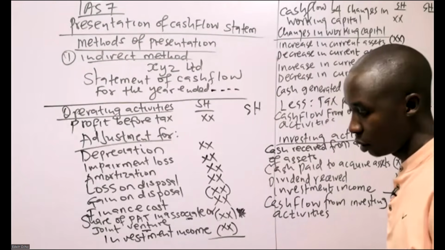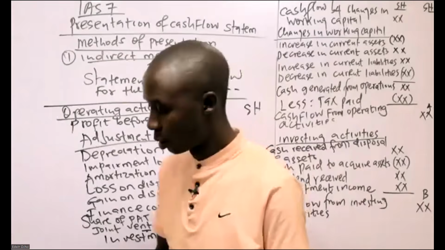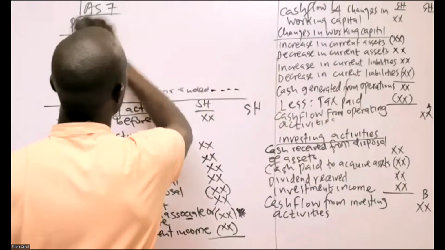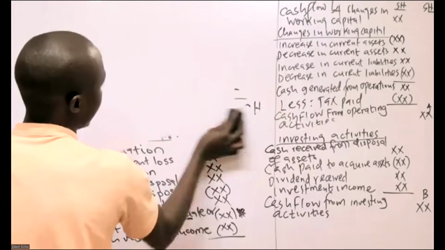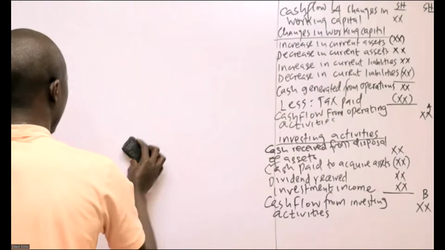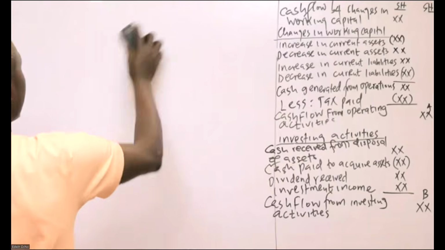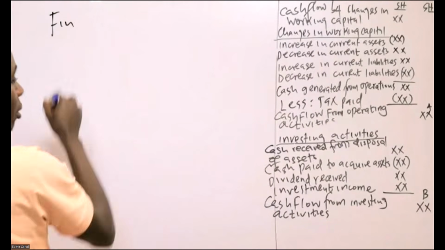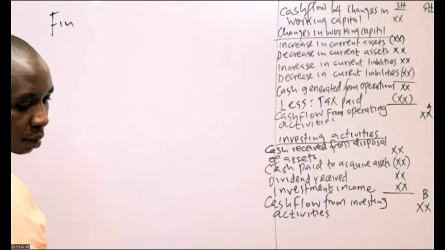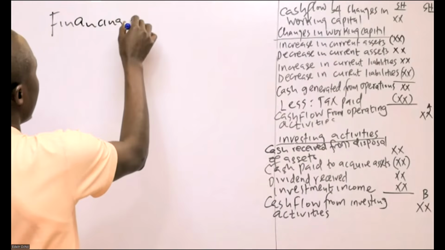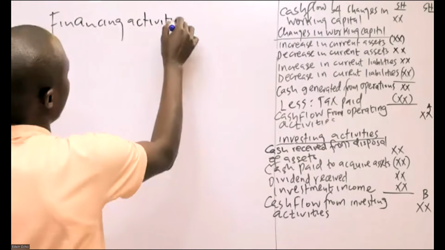Then for C, it's all about financing. For the financing, I said we consider how the organization is financed. The organization can be financed through debt or equity. So financing activities is a continuation of the same statement.